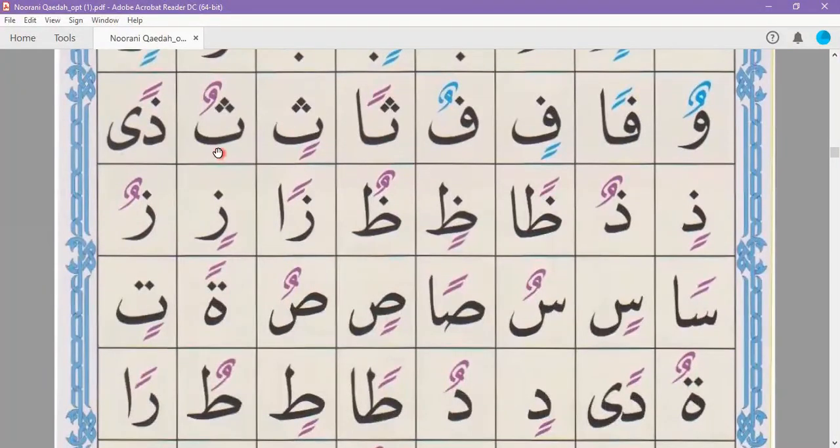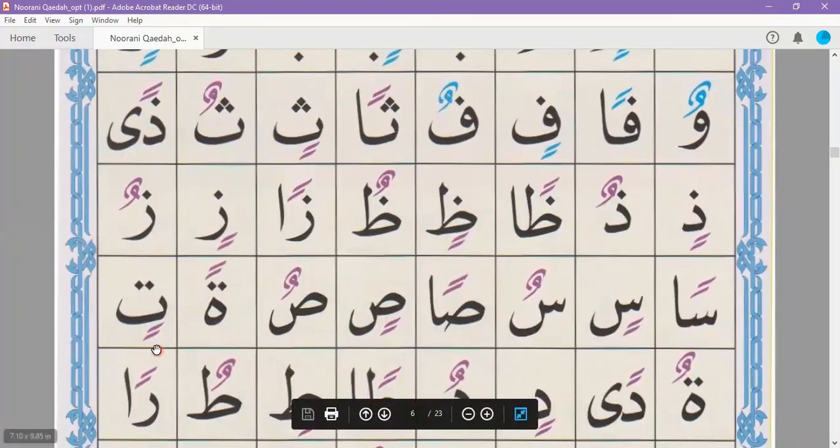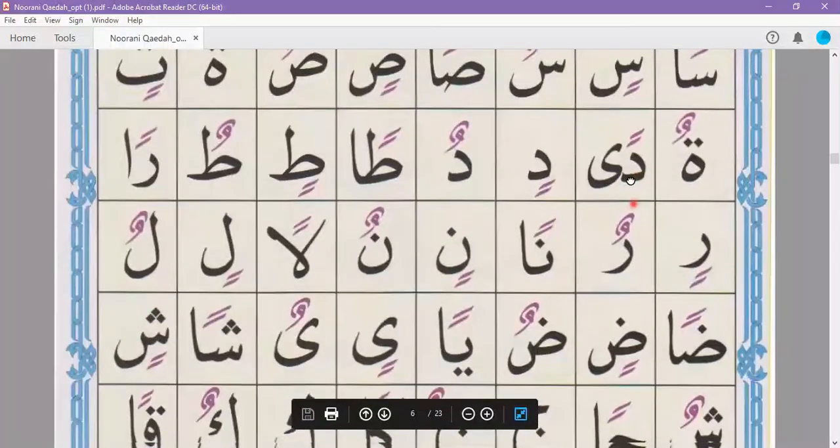San, sin, sun. We're going to read directly. Then, zan, zin, zun. Zen, zin, zun. San, sin, sun. Shan, shin, shun. Tan, tin, tun.